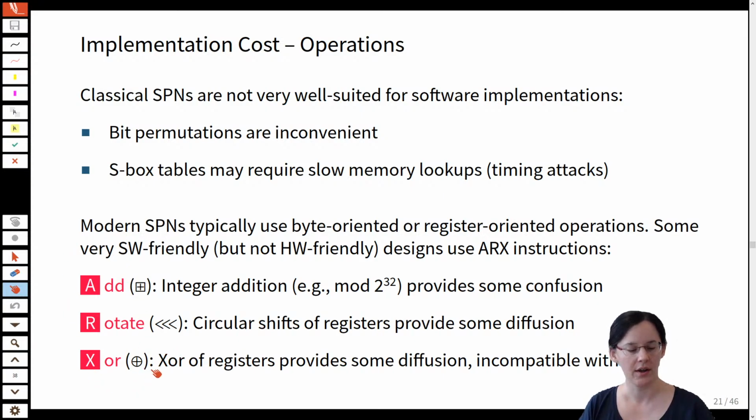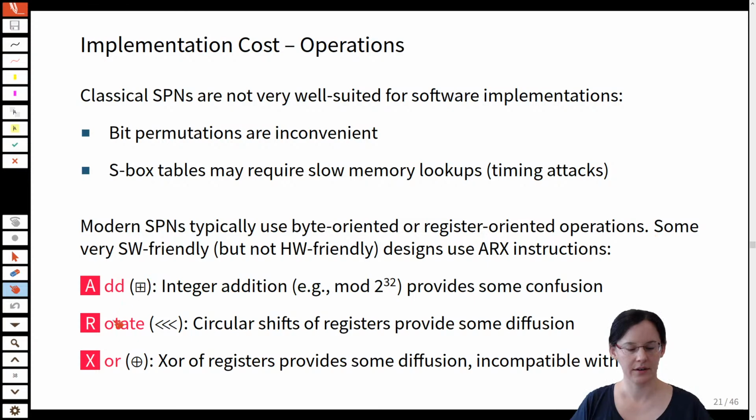So these are all operations that are readily available on the CPU in just one instruction. And here you effectively get your properties, your confusion and diffusion from, so rotation and XOR contribute some diffusion, addition also a tiny bit, and addition is also the nonlinear operation here that contributes nonlinearity.